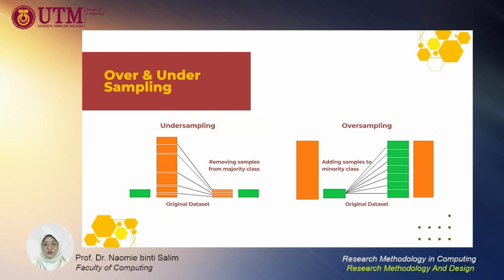But what we can do is we can do bootstrapping to oversample the minority class so that the number of data in both classes are almost or equivalent to one another.